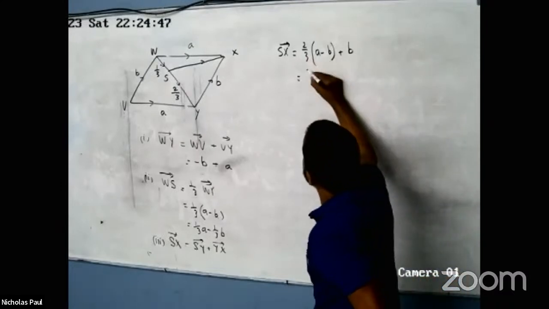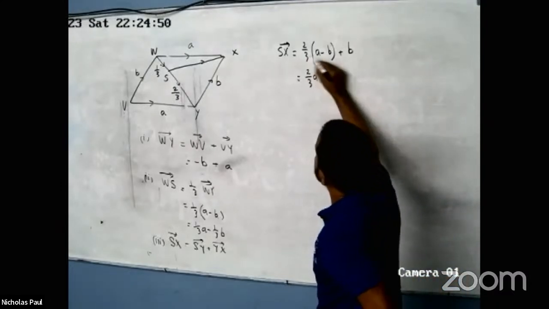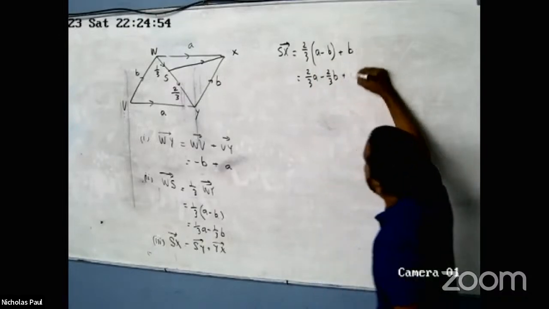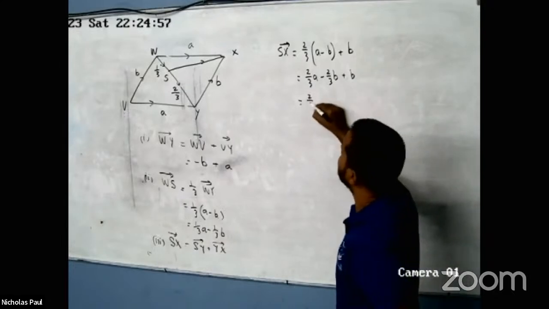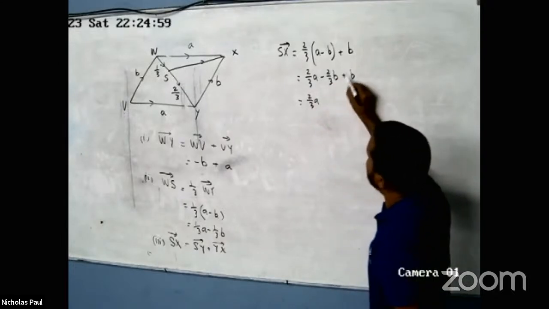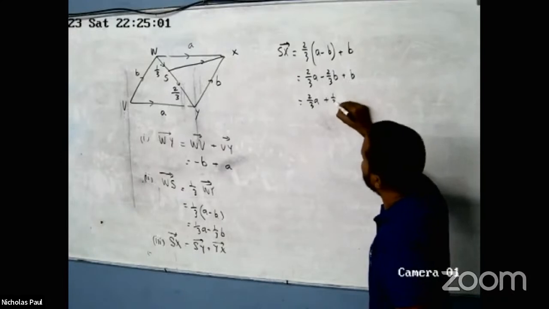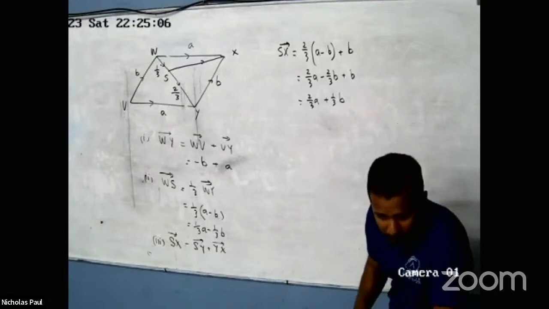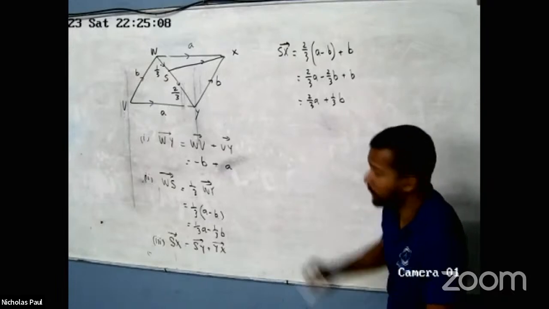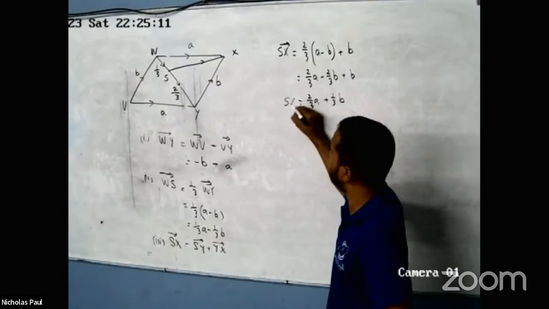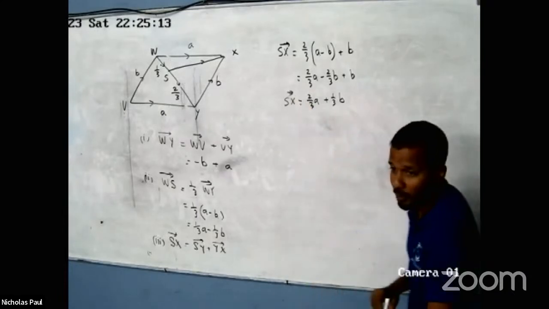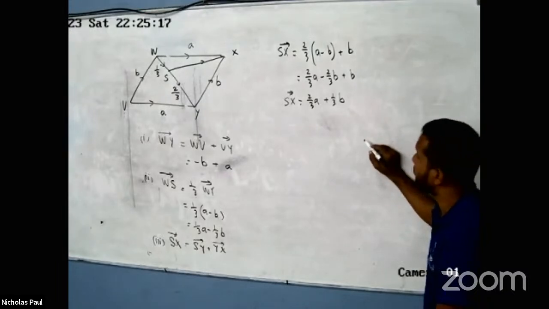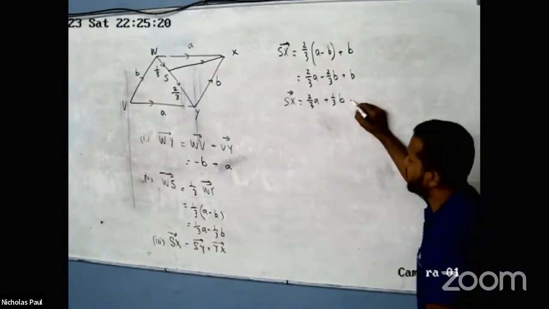So 2/3 by A is 2/3 A, 2/3 by minus B is minus 2/3 B, plus a whole B. Minus 2/3 plus a whole is positive 1/3. Are you okay with that? So this is your SX.